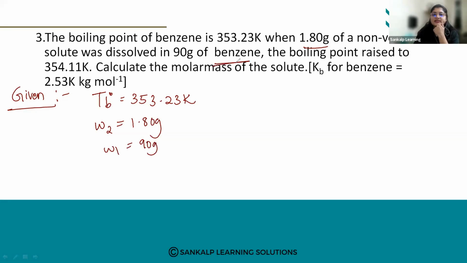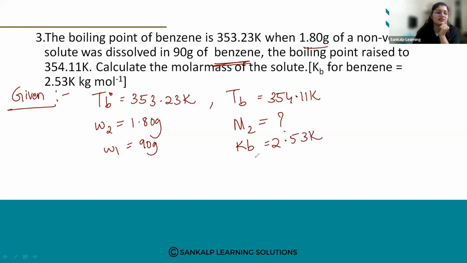The boiling point was raised to Tb, which is 354.11 Kelvin. You have to calculate the molar mass of the solute. Then Kb is given as 2.53 Kelvin kg per mole. Okay, now which is the formula?